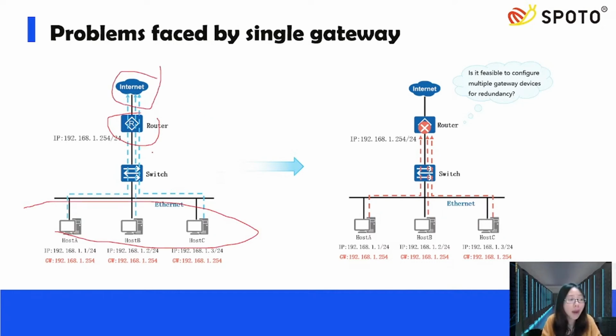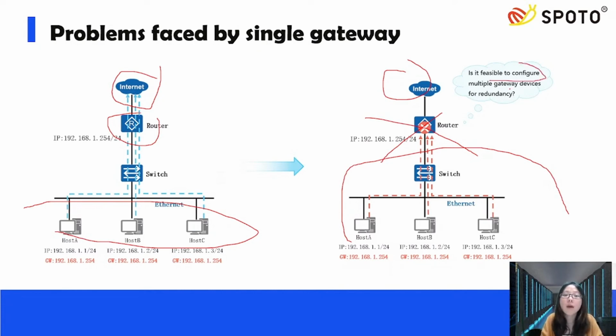But if the gateway fails, all the hosts won't be able to communicate with the internet. So it is feasible to configure multiple gateway devices for redundancy. If we want redundancy, can we configure multiple gateways to ensure this?